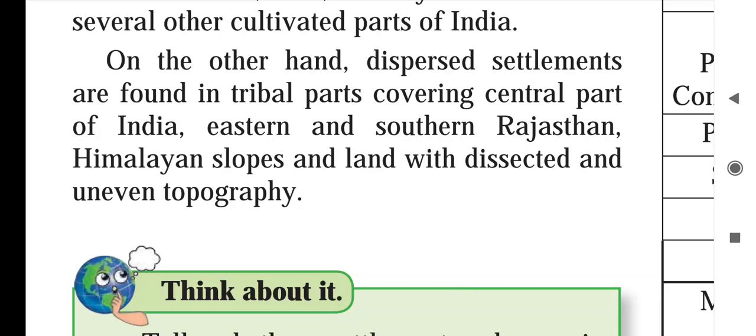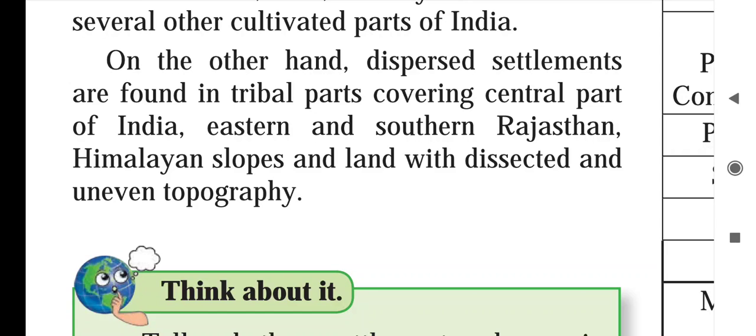And Himalayan slopes we have, as we have seen Jammu Kashmir, and Himachal Pradesh, there due to cold mountainous region, that region is also not suitable for the people, so there we can find dispersed settlement. And here it says land with dissected and uneven topography.